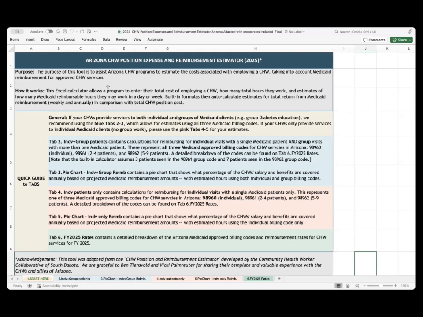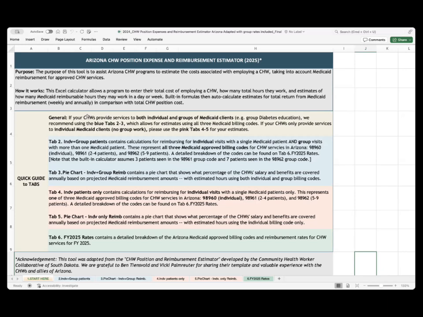And then there are built-in formulas that auto-calculate estimates for total return from Medicaid reimbursement, both weekly and annually, in comparison with total CHW position costs.